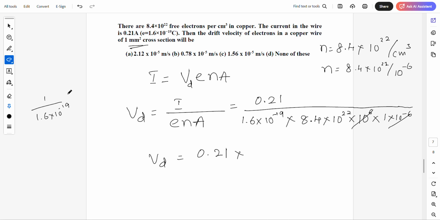I told you yesterday that this is 6.25 into 10 to the power of 18, which is nothing but 25 by 4 into 10 to the power of 18. Understood?